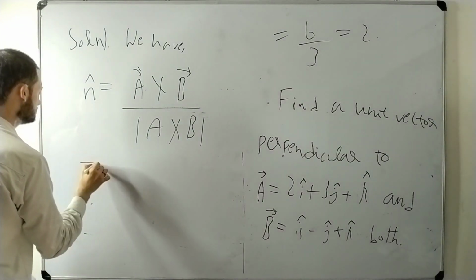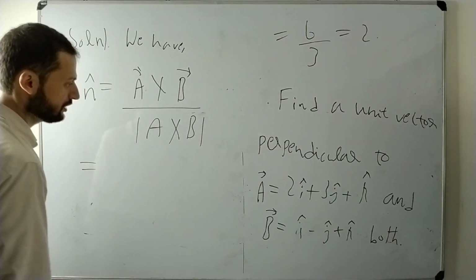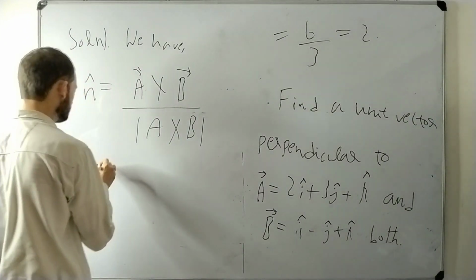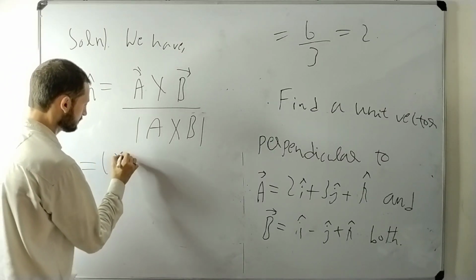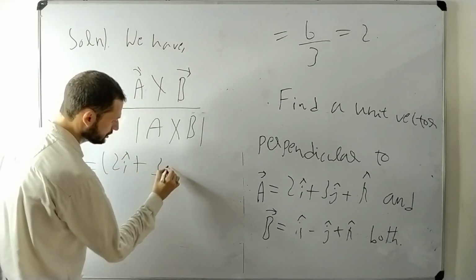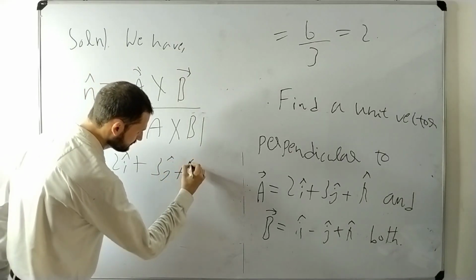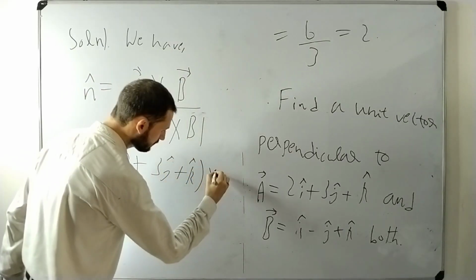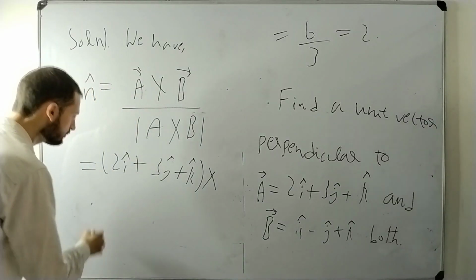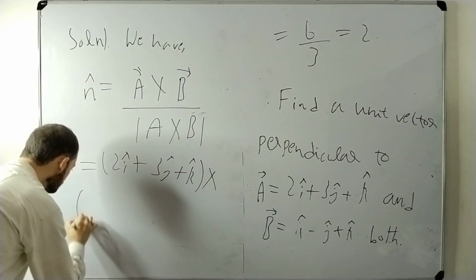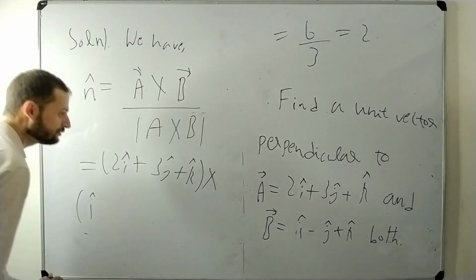So now multiply both of these vectors. Let's see who will do faster. 2i cap plus 3j cap plus k cap, cross i cap minus j cap plus k cap.